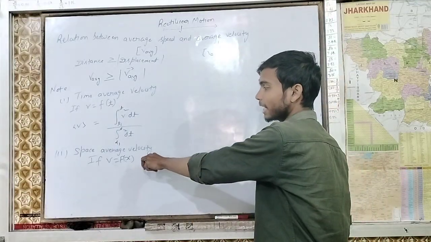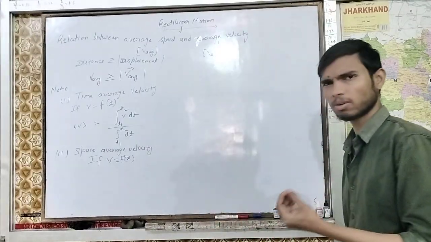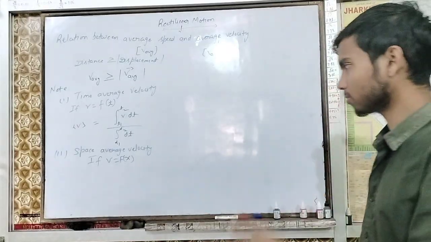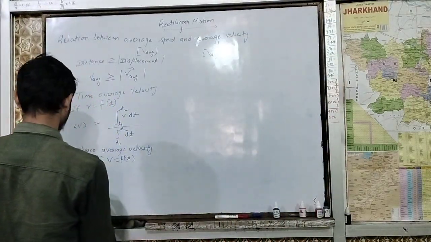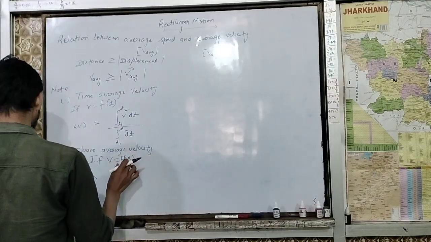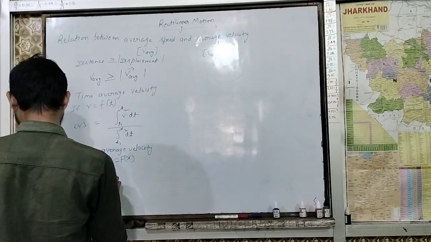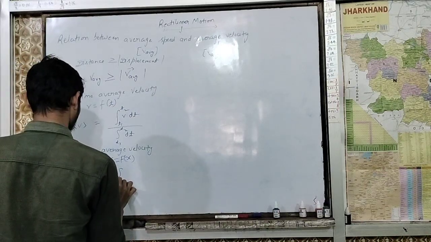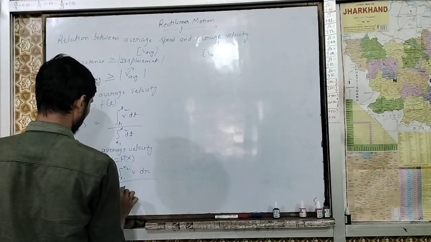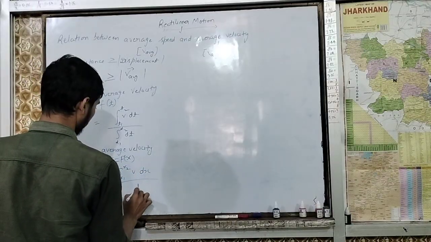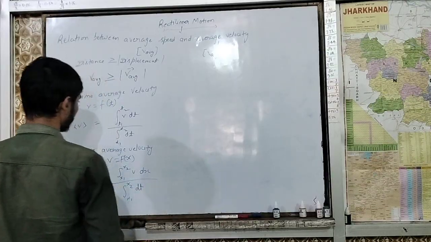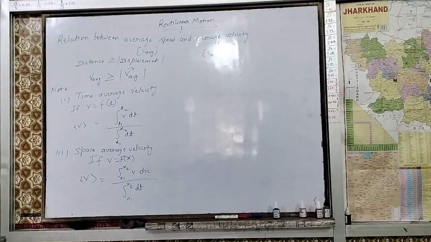Now here x is a function, so our limits will simply be from x1 to x2. That's it. So average speed for this case, where x is a function, x is nothing but space, is equal to the integral from x1 to x2 of v into dx upon total time. Our limits will be the same, x1 to x2.